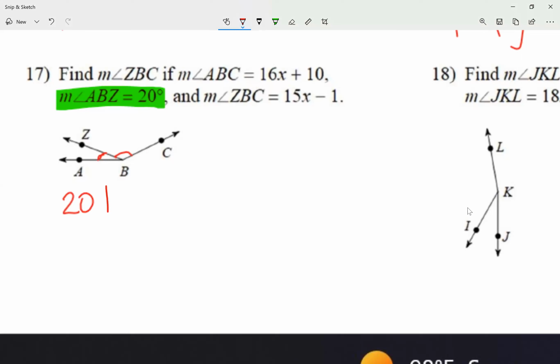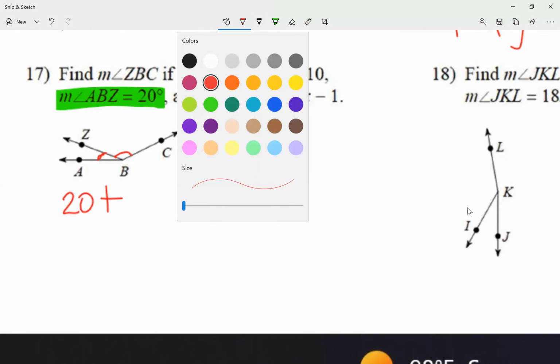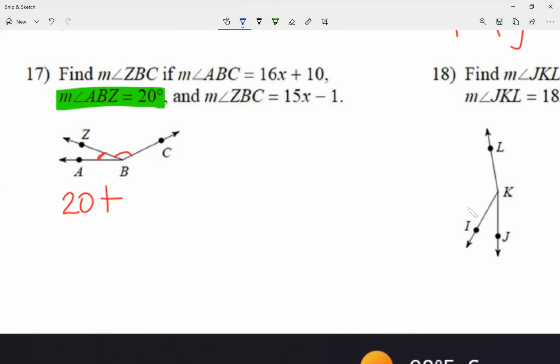Nice. The other angle, use the three letters that make that corner. Notice how I'm looking at this angle here. Look at the three letters that make that corner. Leave the vertex in the center. So I'm either going to call it ZBC or CBZ.